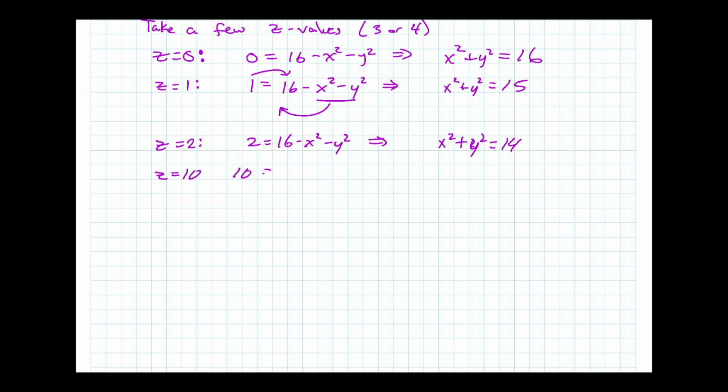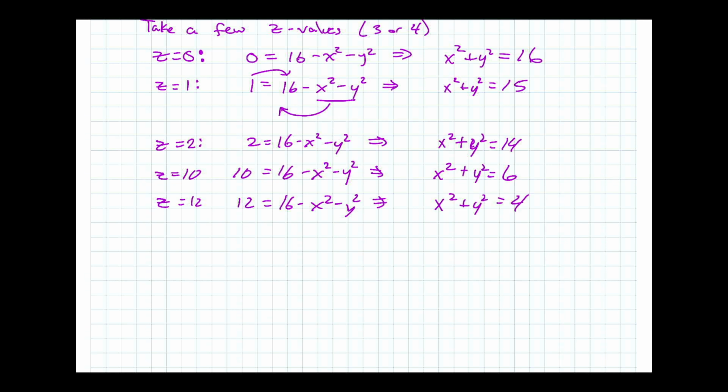So you have 10 equals 16 minus x squared minus y squared. Rearranged, that's x squared plus y squared equals 6. For example, z equals 12 would be 12 equals 16 minus x squared minus y squared, which gives you, after we rearrange it, x squared plus y squared equals 4. Okay, that's one more.